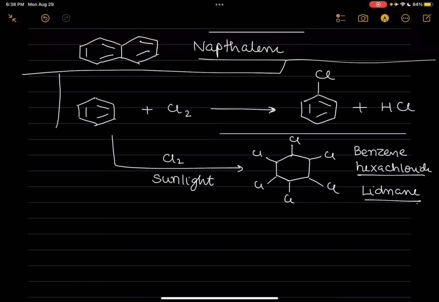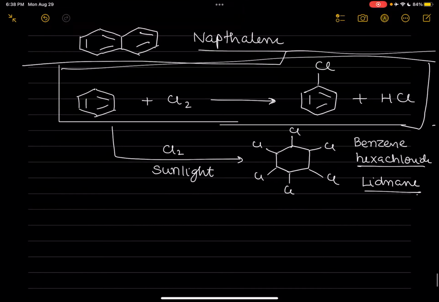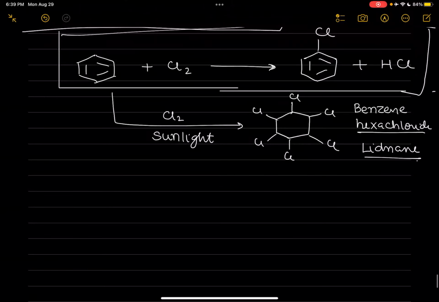But suppose if you want to prepare chlorobenzene, then how do I need to achieve this? Benzene to chlorobenzene. Yeah, Aishwarya, how can I get chlorobenzene from benzene?